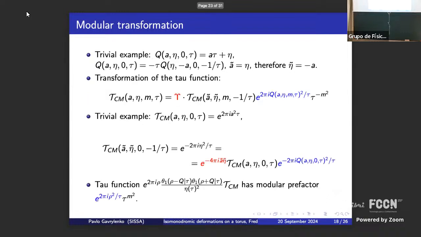Now the question is, what happens with the tau function? So, in principle, the tau function was defined only by its tau derivative.